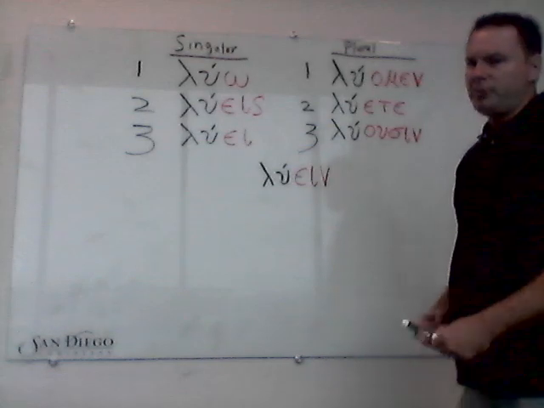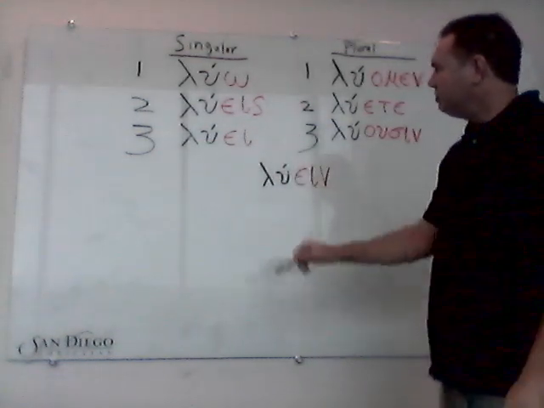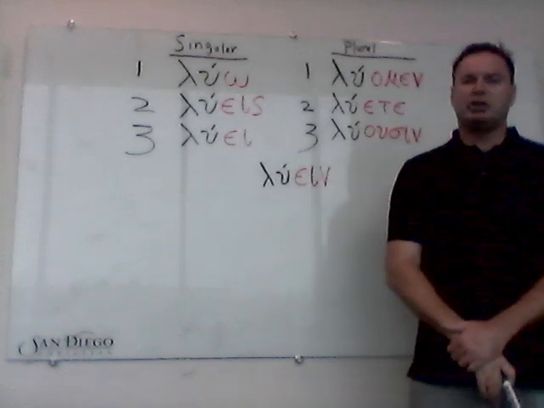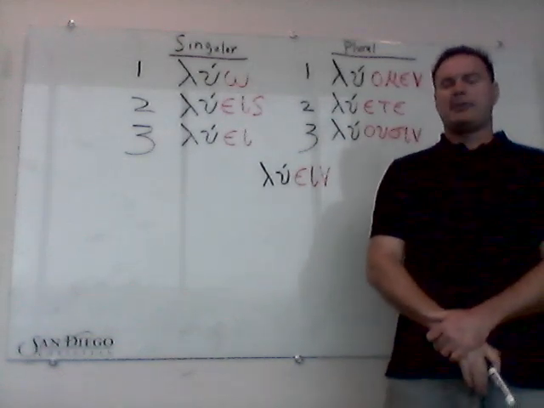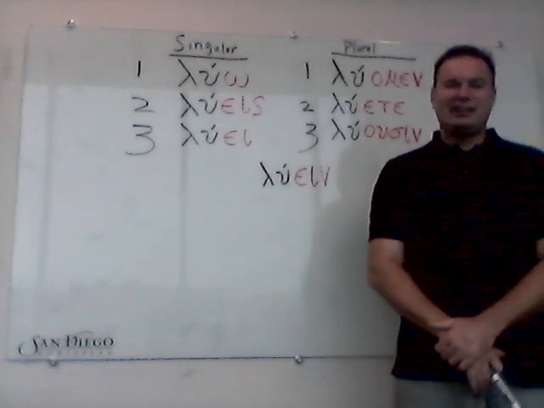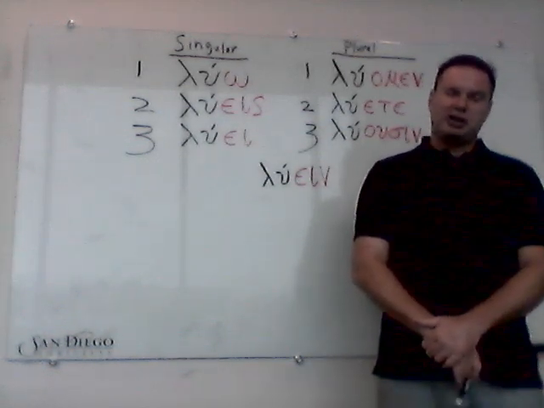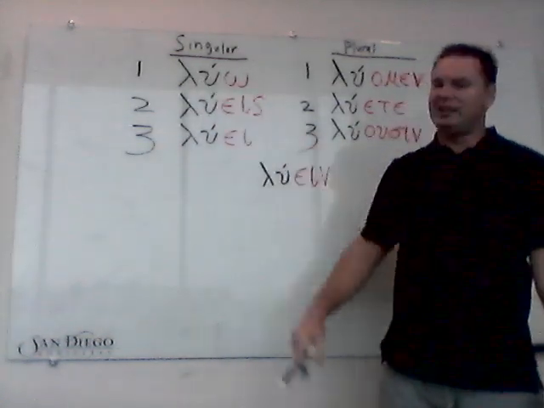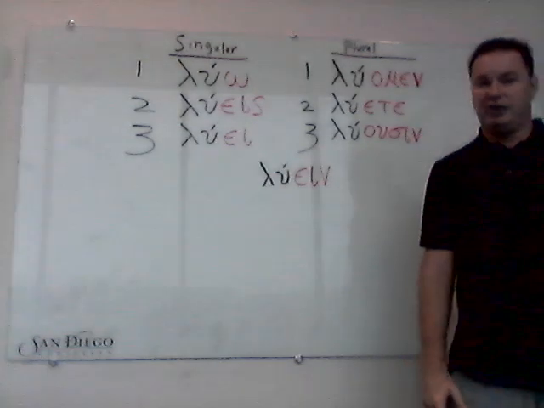But when we put a different ending on it, when we go from luo to lueis, that tells us everything else we need to know. It tells us whether it is a present active indicative verb, whether it's first person and singular. So the stem tells you what verb you're dealing with, but the ending tells you all of the other information.